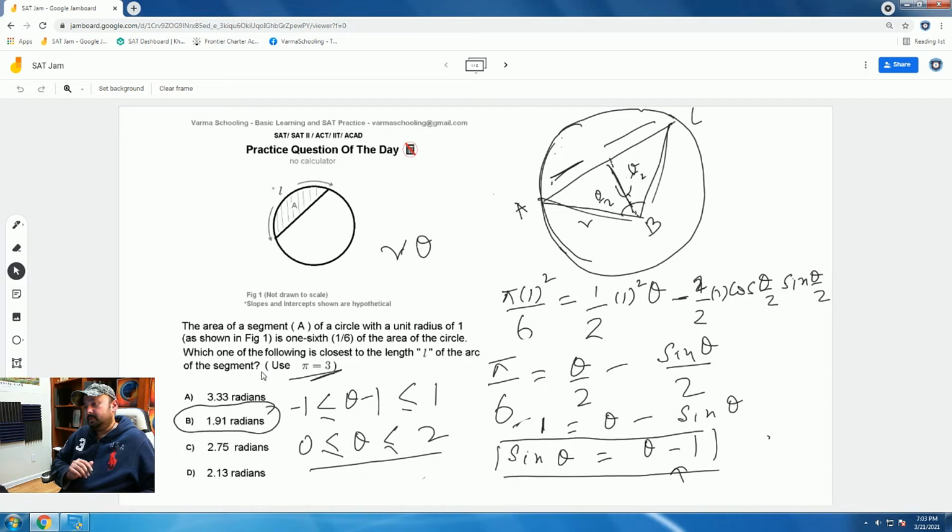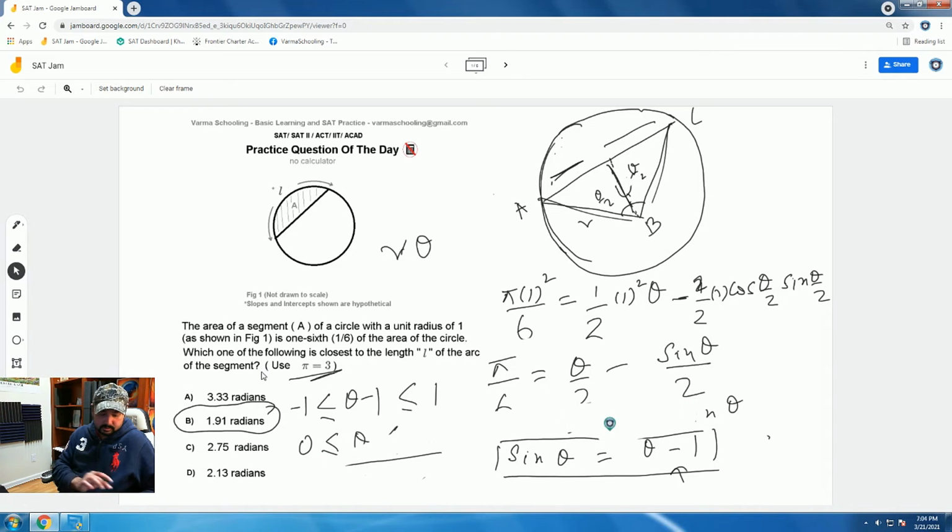Now that would be a basic way to approach this problem, and it is still a valid solution. The other way, a little bit more advanced method, would be to use your Taylor series small angle approximation.